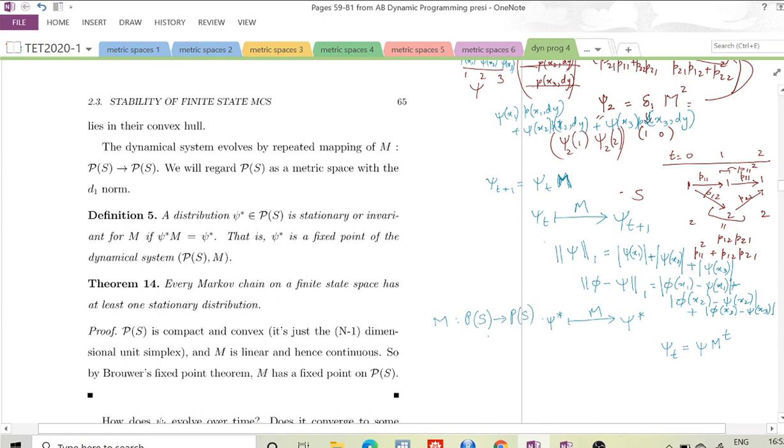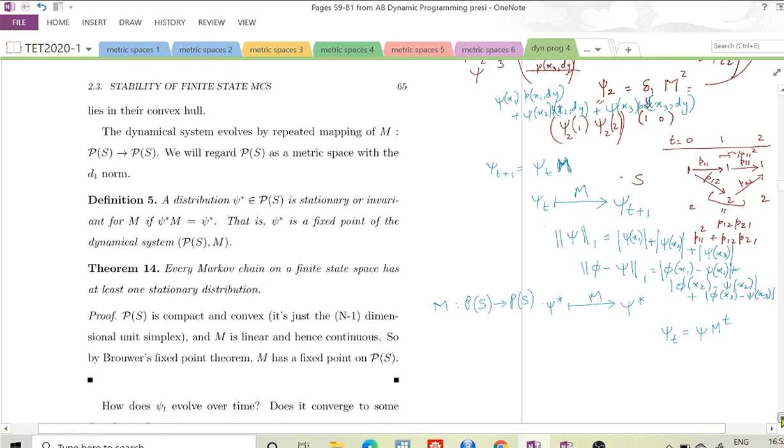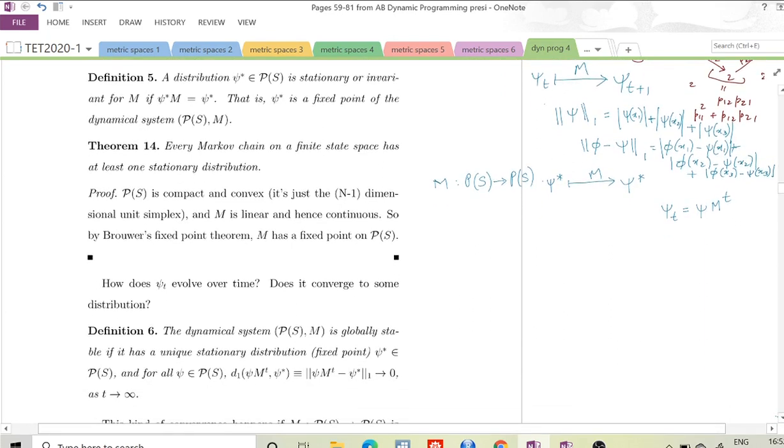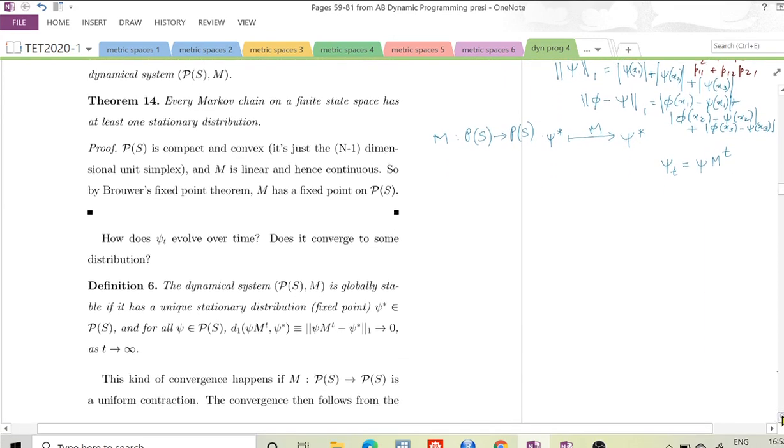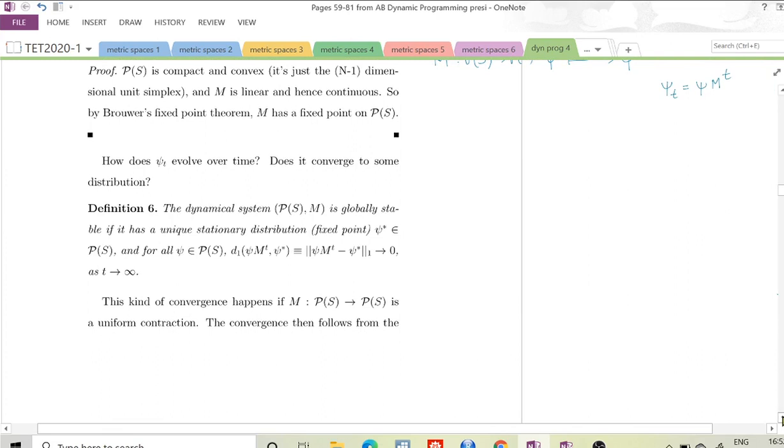So this unit simplex is compact and convex, and this transition matrix as a function is just a linear function, so it's going to be continuous. And so I can apply Brouwer's fixed point theorem to say that there is at least one fixed point, C star. What does this say about evolution over time? Nothing necessarily.